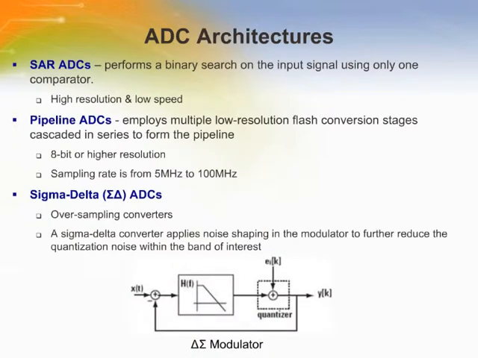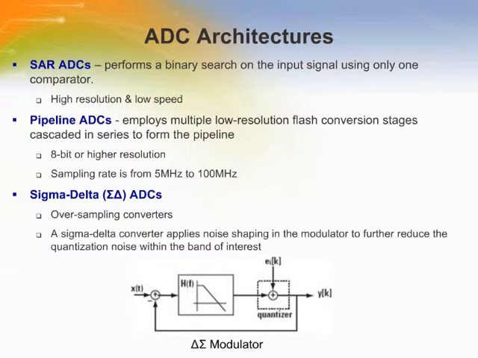The different ADC architectures typically offer different compromises between ADC resolution and output sampling rate. A successive approximation register, SAR, ADC essentially performs a binary search of the input signal using only a single comparator. This converter approximates the input value with finer resolution each successive cycle.